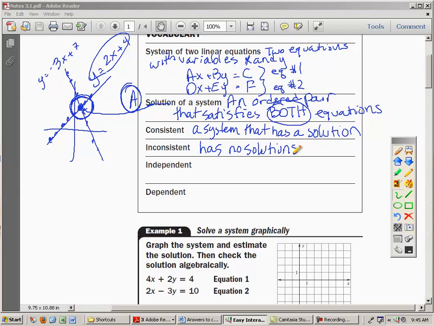All right. Now, an independent system is a consistent system with exactly one solution.